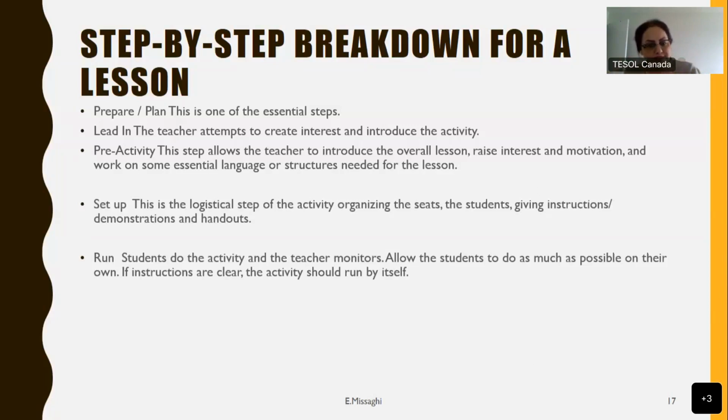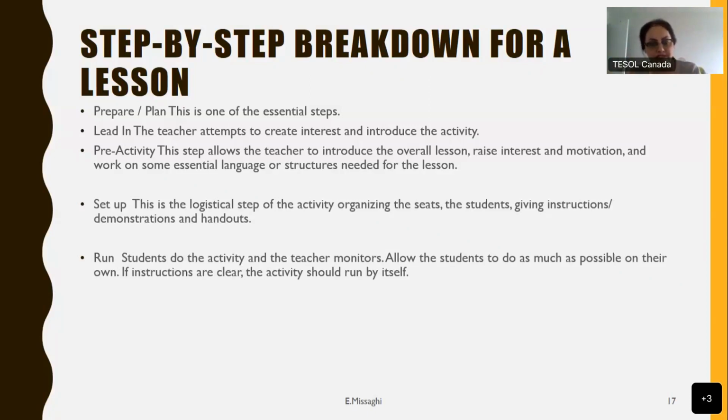Then after you present, you put them in groups because they need time to think. They need time to practice. In your online classes, you put them in breakouts. In your on-site classes, you can ask them to arrange their chairs in a way that they can work together, in groups or in pairs.